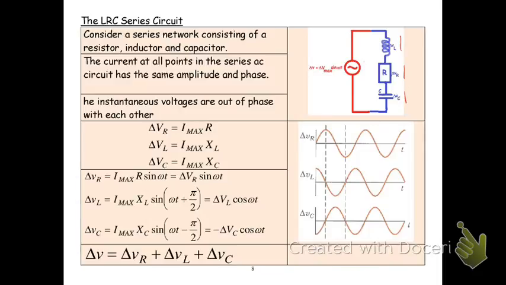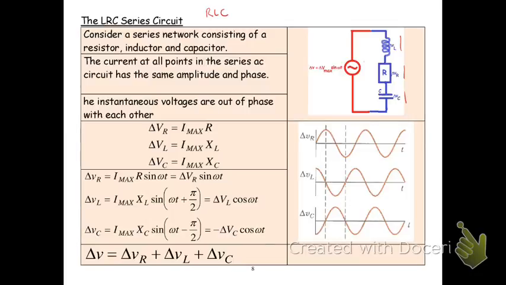Now, I tend to talk about this as an LRC circuit, whereas if you look in the book, most times you see it as an RLC network. I don't like that. It's not that that's wrong. They were there before I was.